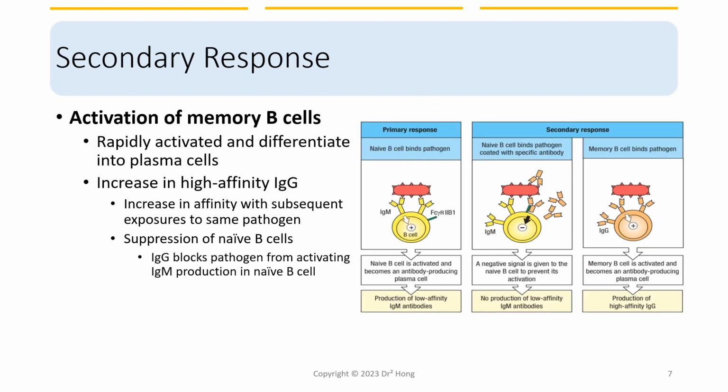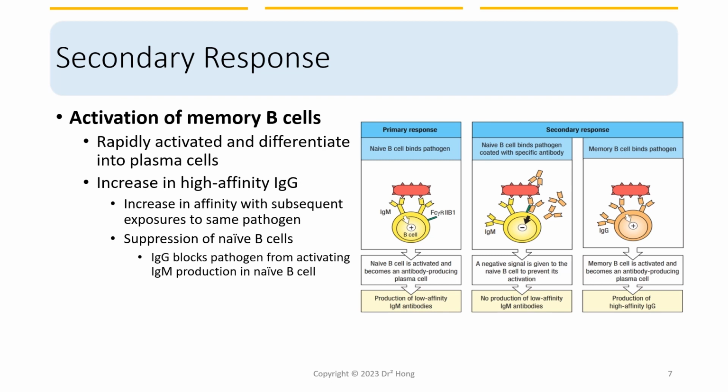When the body is exposed to the same pathogen, memory B cells are rapidly activated and differentiate into plasma cells that secrete large amounts of high-affinity IgG specific to the pathogen. This rapid and robust response is known as the secondary response and is much faster and stronger than the primary response.